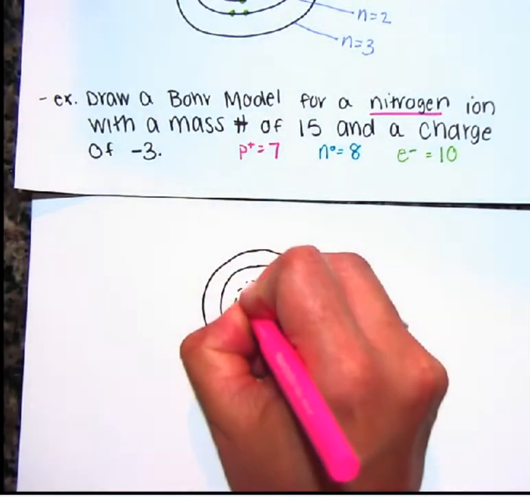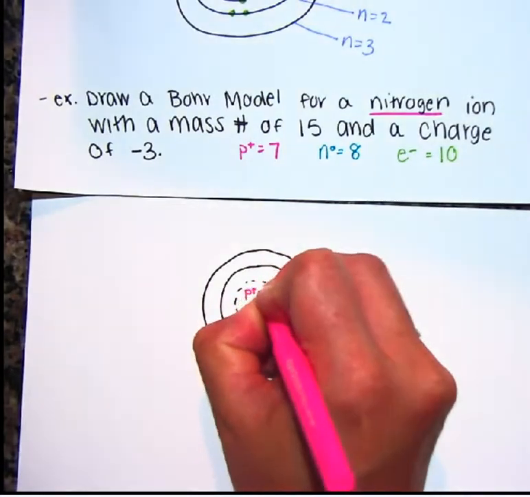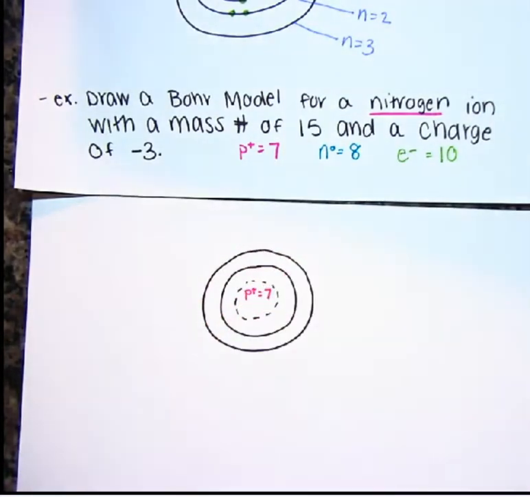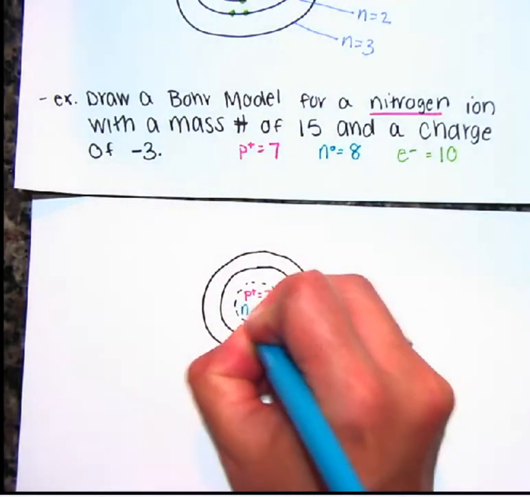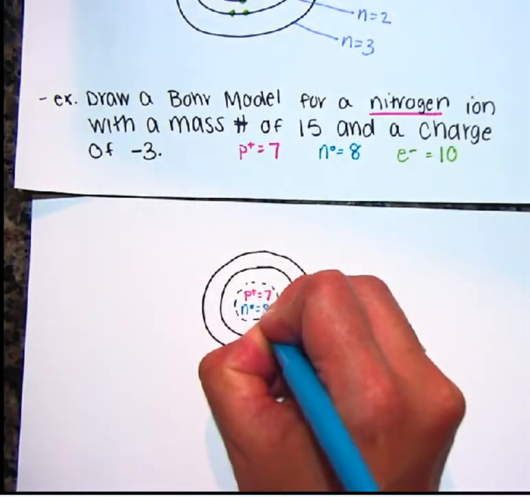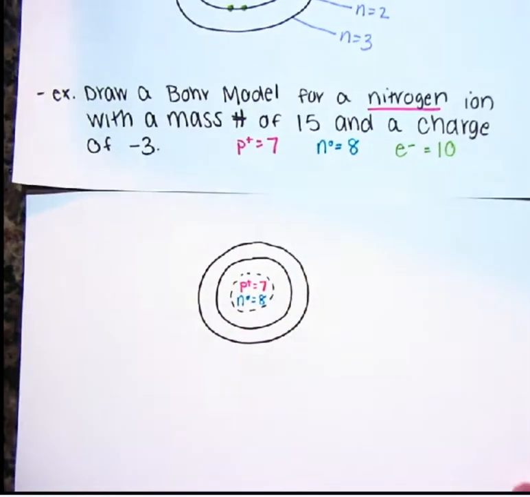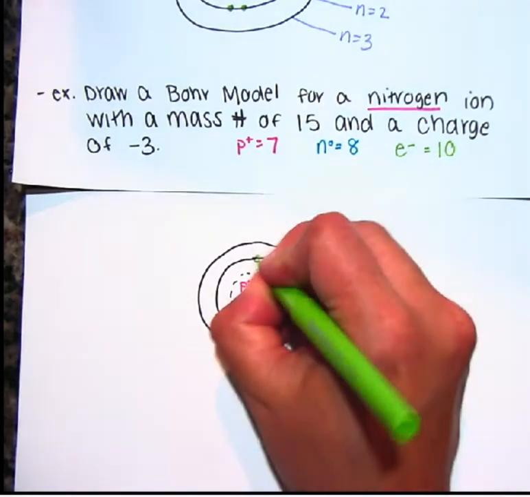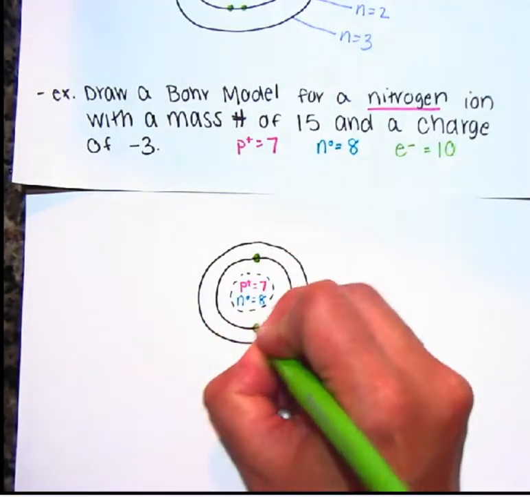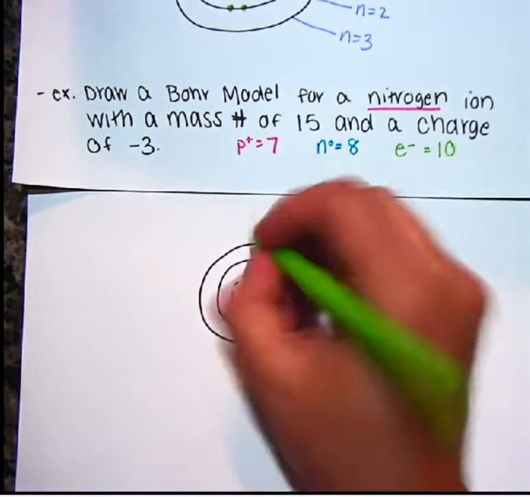Protons go in the nucleus. Neutrons go in the nucleus. Electrons go on the shells: 2 in the first, up to 8 in the second.